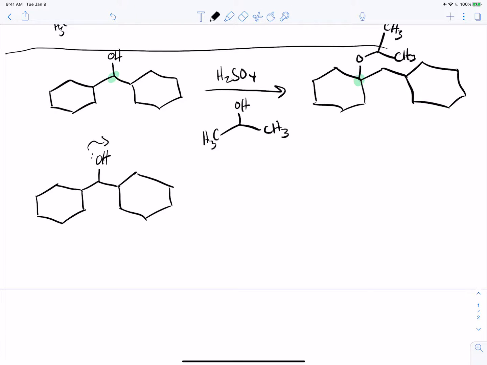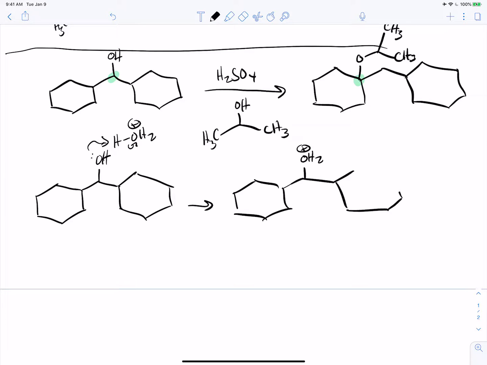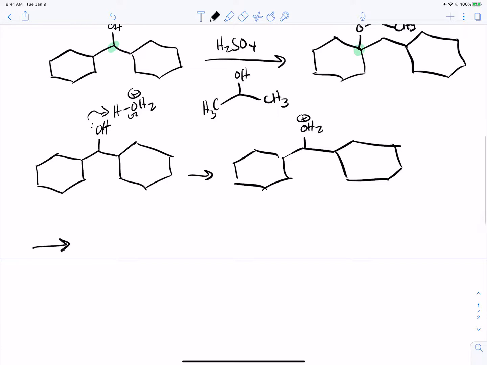Okay, so in the first step, if you're in acid and you have an alcohol, you almost invariably protonate it. So far I'm just going through your standard alcohol in an SN1 reaction. That pops off and gives me a carbocation.